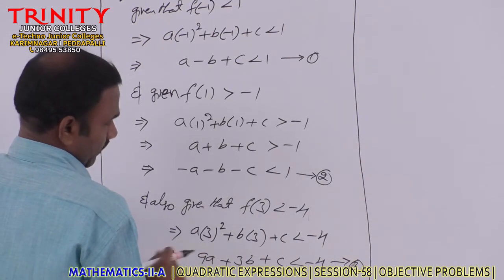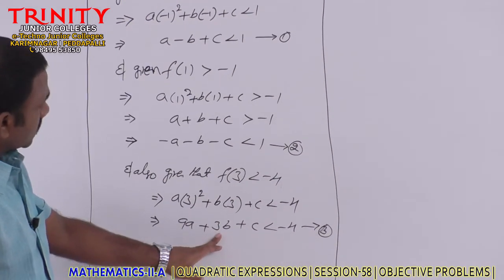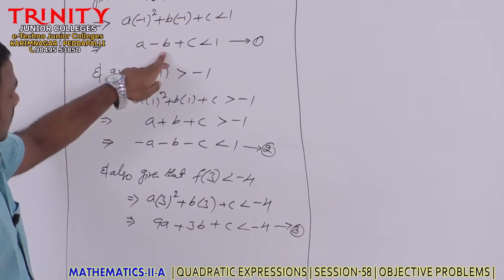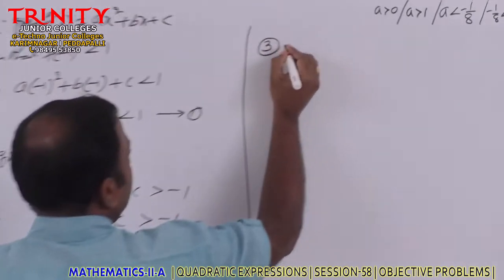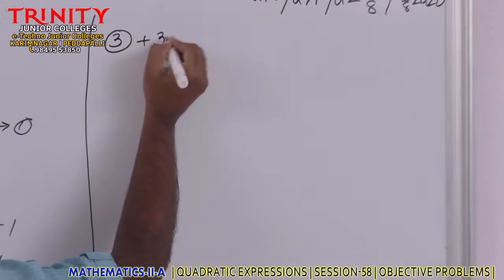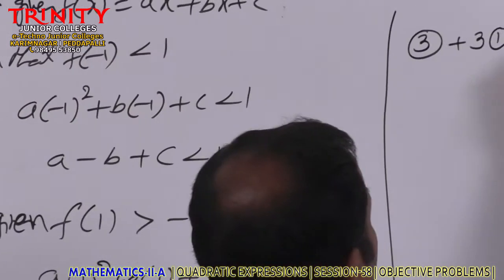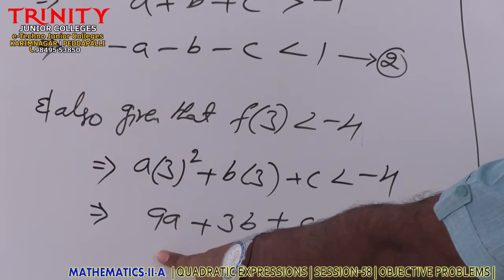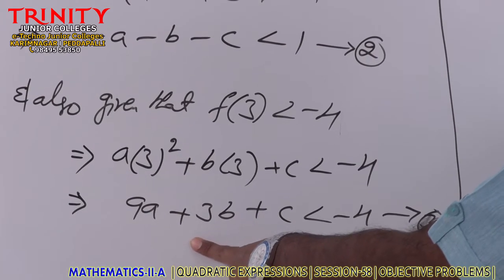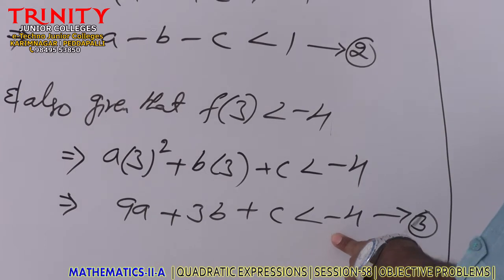See, solving 1 and 3. To solve 1 and 3, in the third inequality we have 3b, here minus b is there. That's why equation number 3 plus 3 into equation number 1. Third inequality as it is, 9a plus 3b plus c is less than minus 4.